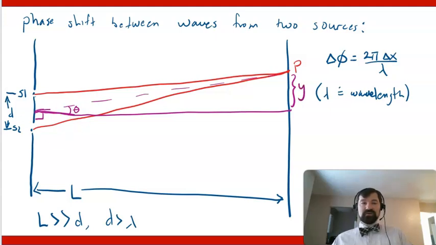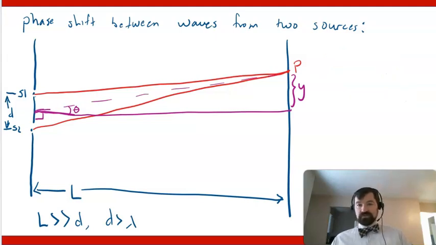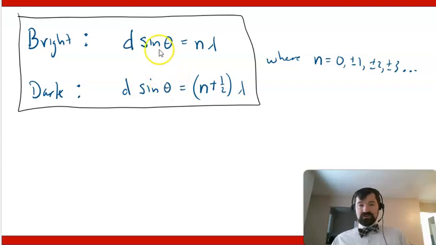So maybe we want to know how far along the screen our bright or dark fringes are. Using a little bit of geometry, we can see that the tangent of theta must be y divided by L. I have a right triangle, this is L, this is y. And I've already solved for theta previously. You can just solve these equations for theta, and that gets you your y positions.